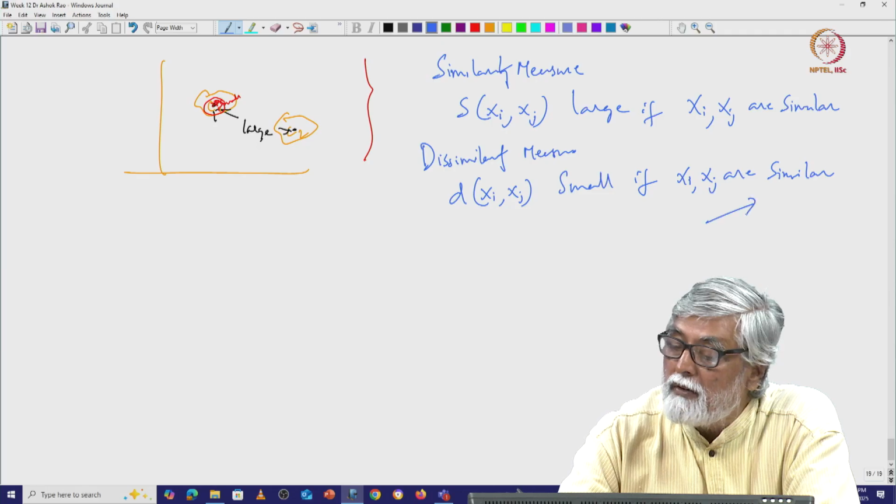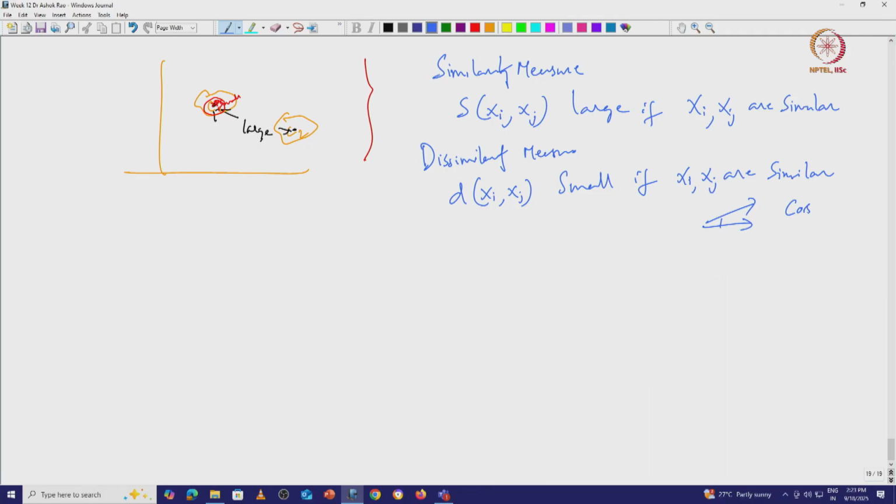Similarity of two vector data points can be easily seen by the cosine rule, right. How similar they are is how well they are correlated and the angle and all that.